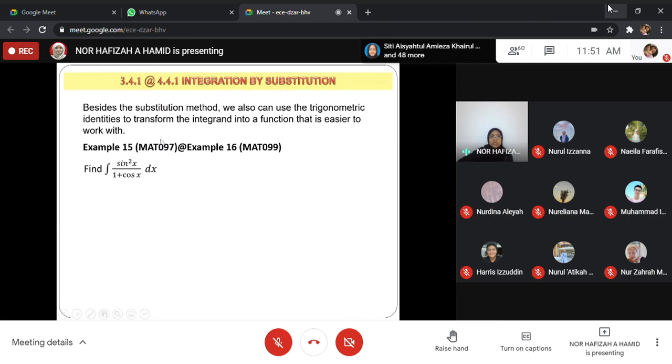Okay, so for trigonometric functions, if you recall the identities from the first semester, you have to look back at the trigonometry chapter from last semester. Okay, so we can also solve using trigonometric identities.